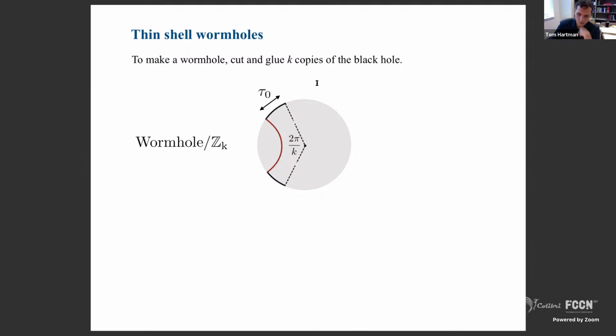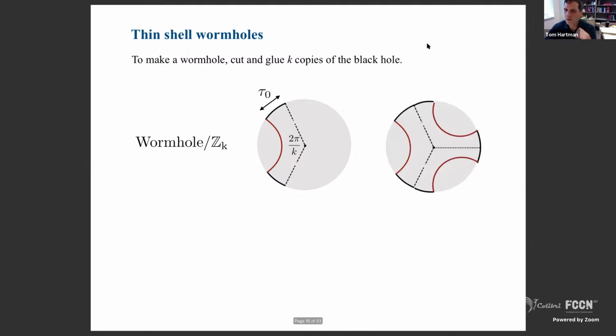And we're going to cut out a wedge of it with an angle 2 pi over K. The reason we want to do that is that once we've done that, we can now glue together K copies of that wedge just by repeating it around the circle. And we now have a wormhole because this is now smooth.